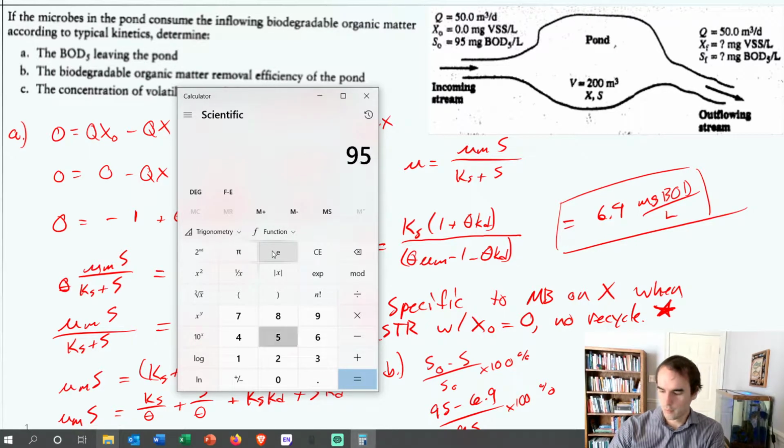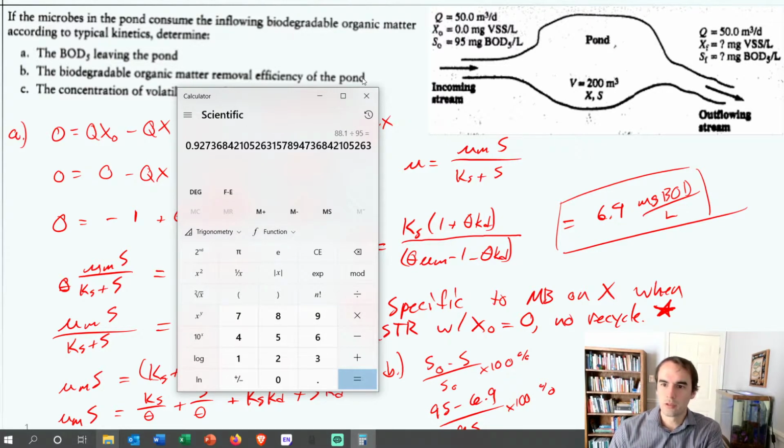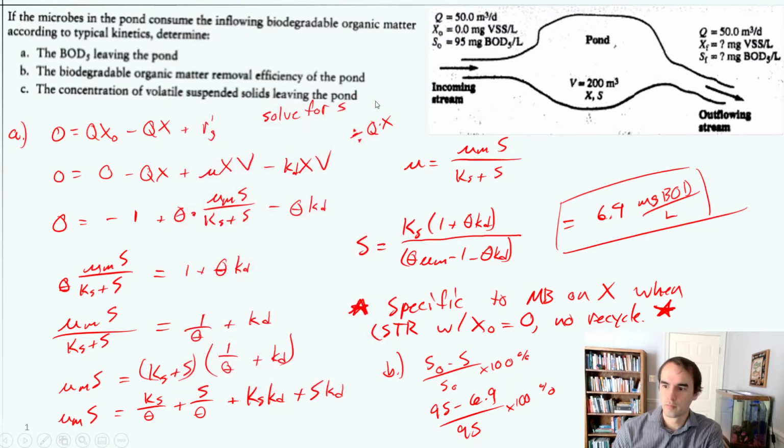So 95 minus 6.9 divided by 95, so 92.7%. There we go. So that's part A and part B.